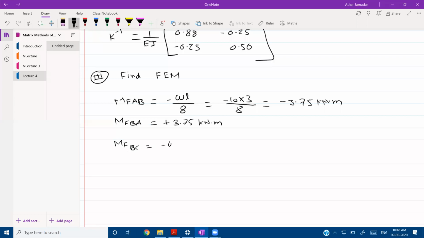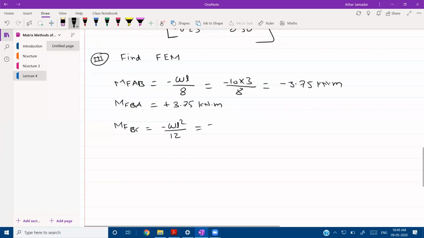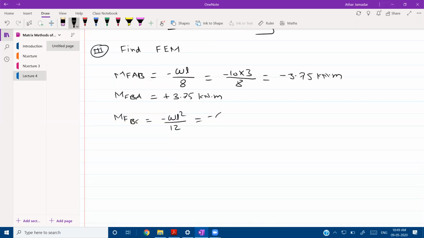And next, MFBC will be minus WL square divided by 12. So minus W here now is 6 into 4 square divided by 12. It is going to be minus 8 kilonewton meter, and MFCB will be positive 8 kilonewton meter.